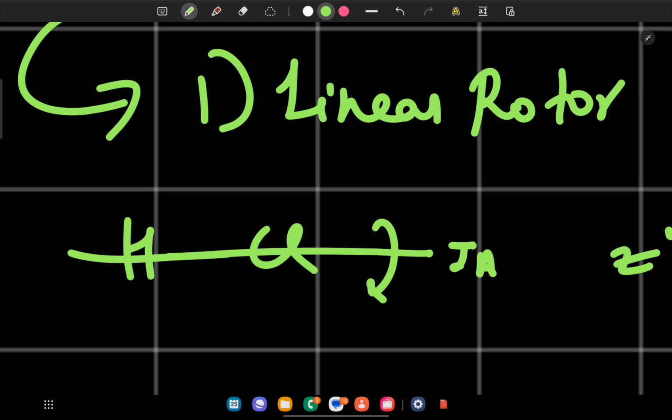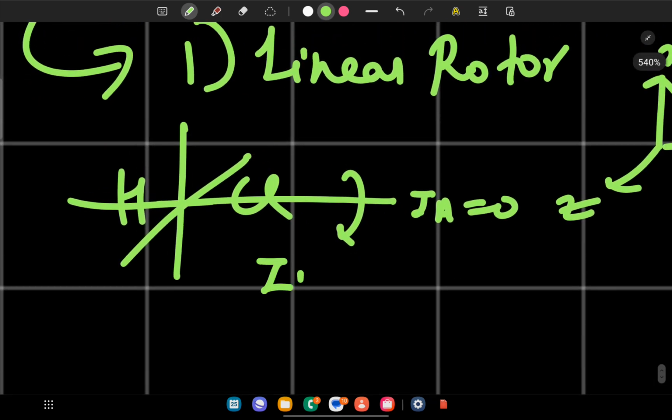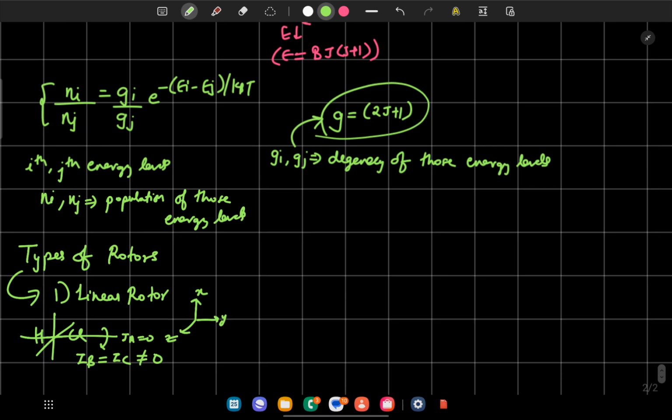Let us consider this as IA equal to 0, and there are two more axes, which could be named IB and IC. They are not 0. IB is equal to IC, but they are not equal to 0. This is the criterion for linear rotors.